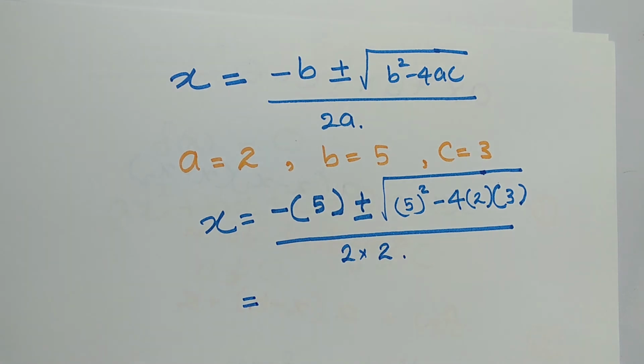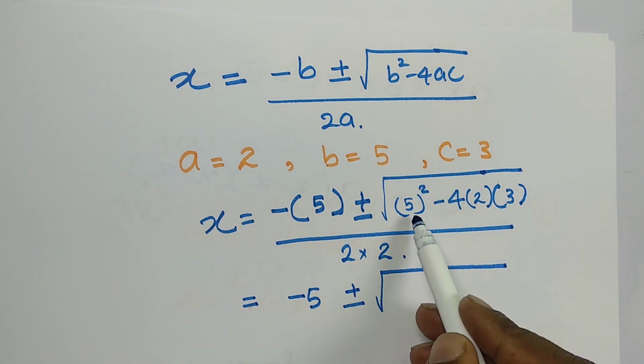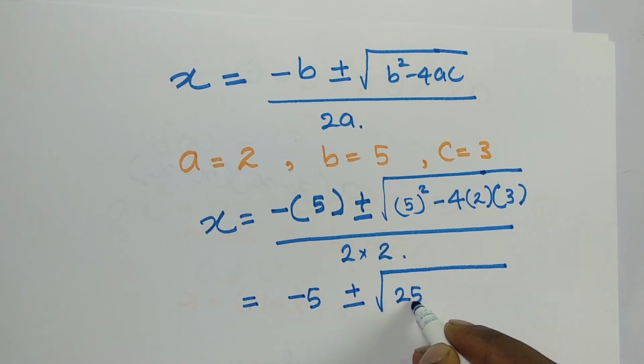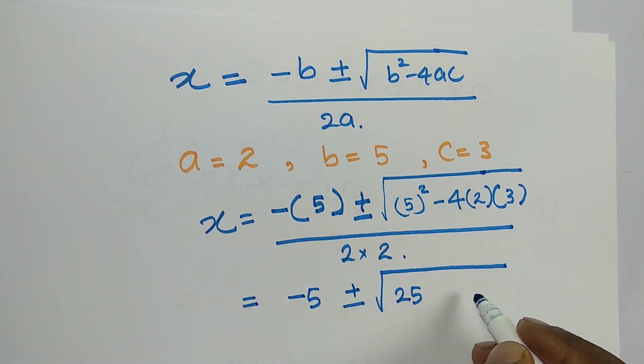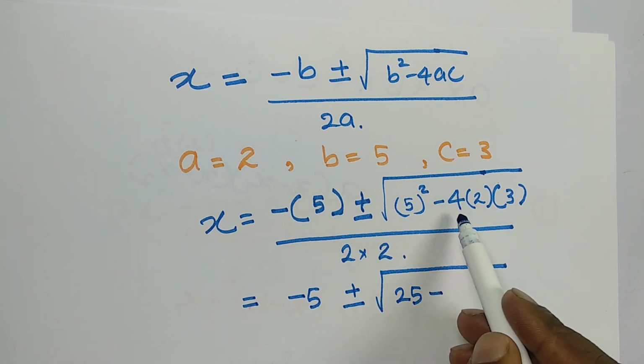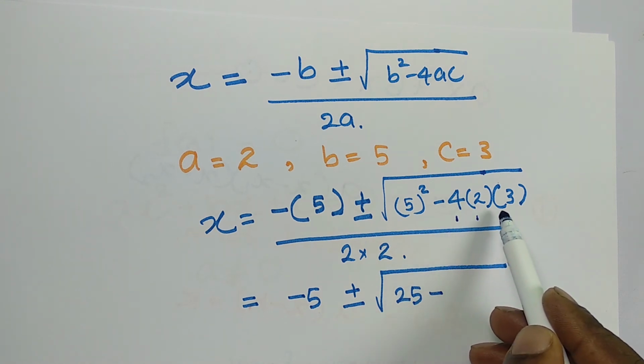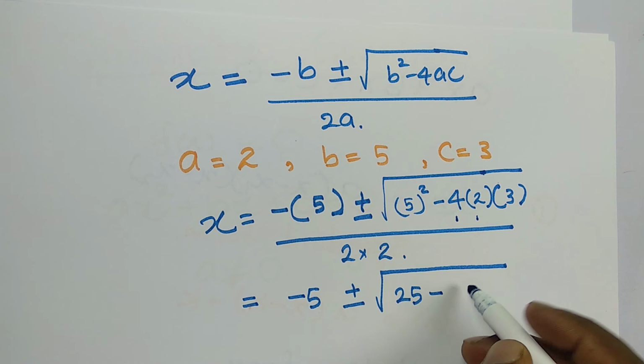Now I am going to simplify this. Minus 5 plus or minus the square root of, the square of 5 is 25. Remember, 5 times 5 minus 4 times 2, it is 8. 8 times 3, it is 24.